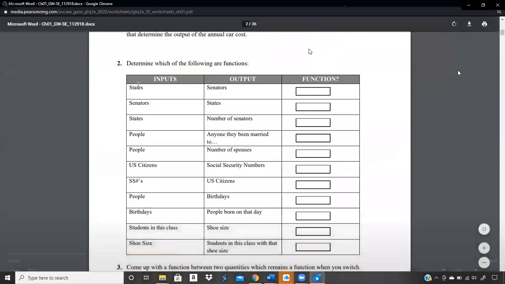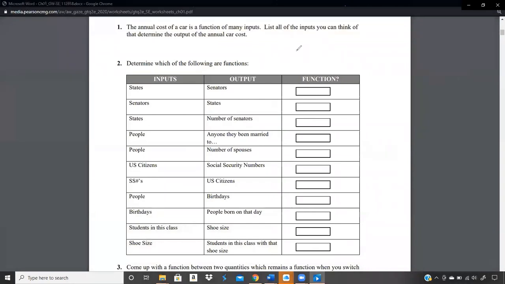For question 2, you'd want to come in and say states versus senators, and then yes. So if I think the answer to the first one is yes, then in my discussion board, I would say states to senators, yes. Or I'd say no if I think it's no.